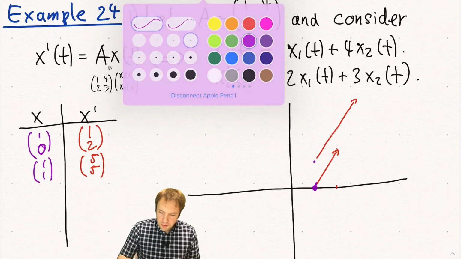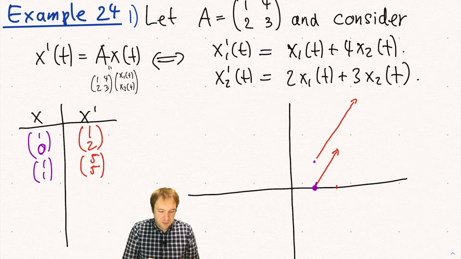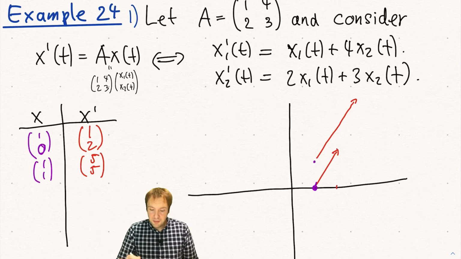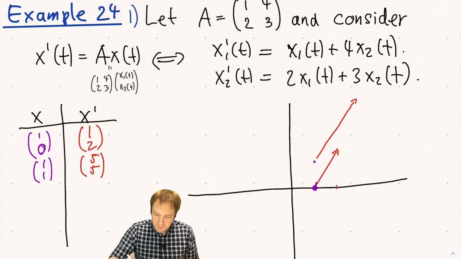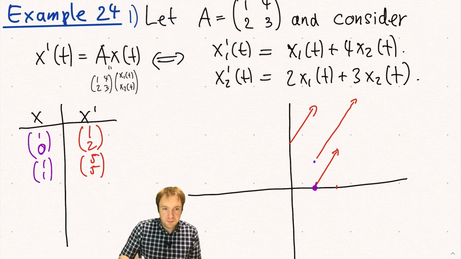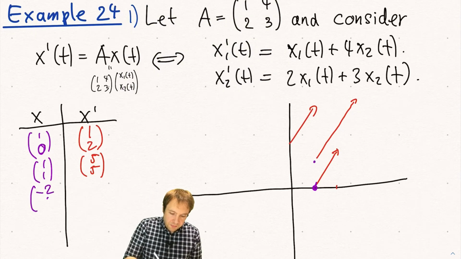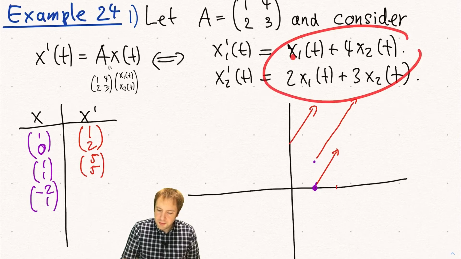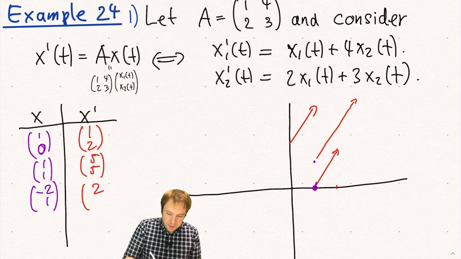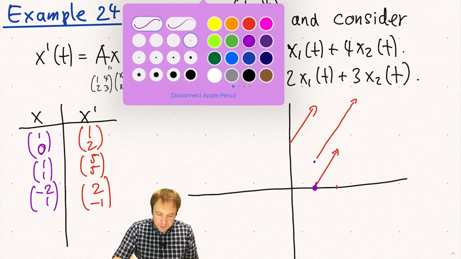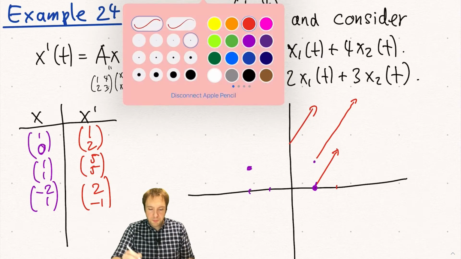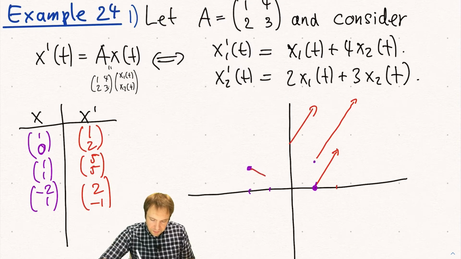And then for all points here, you could calculate, if our curve goes through this point, in what direction should it go next. So for each point here in the plane, you get some direction. So maybe let's do one more explicit example. Let's see what happens if we have (-2, 1). If we plug in (-2, 1), then this is (2, -1). So if our curve goes through this point, then next it should go into this direction here.